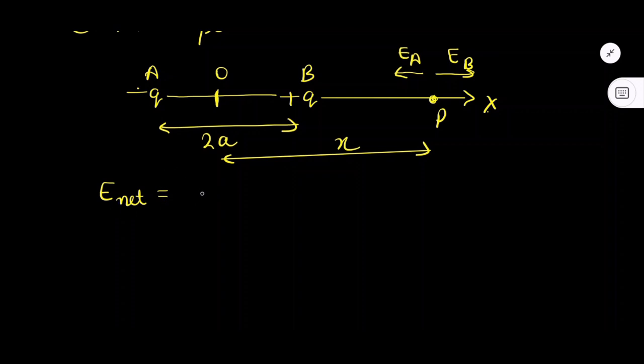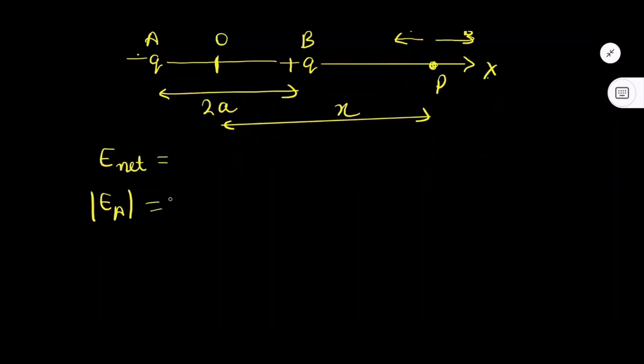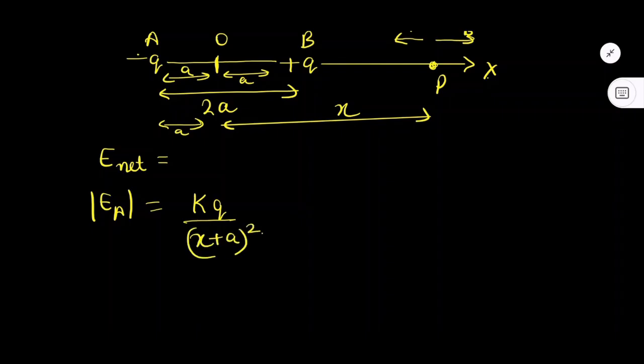For A, the magnitude will be kQ upon (x plus a) the whole square, since the distance is x plus a.